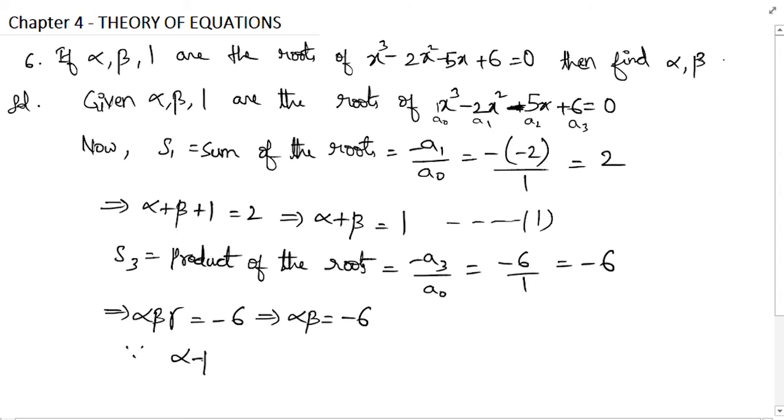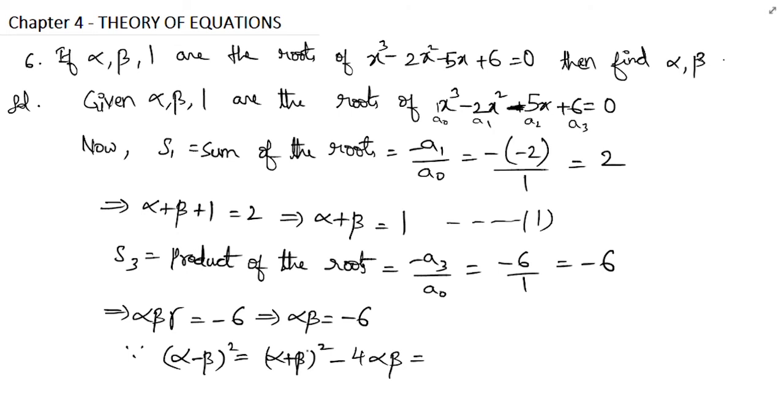So therefore, alpha minus beta whole square is equal to alpha plus beta whole square minus 4 alpha beta. We can write it in this form, right? This is just the formula of a minus b whole square, which can be written as a plus b whole square minus 4ab. So I have taken that here.